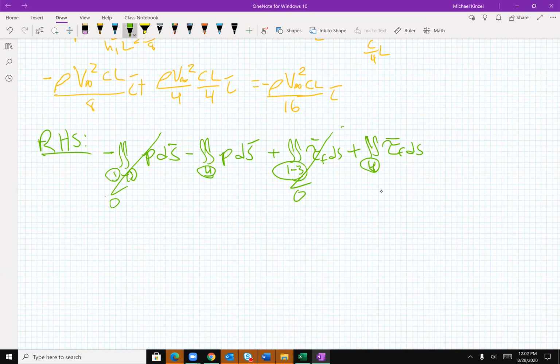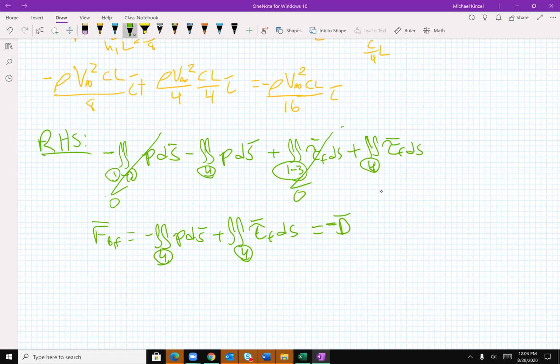So what this gives us is a force of the body on the fluid equals negative pressure on 4 plus the shear on the fluid, that is going to equal negative drag, which is what we're after.